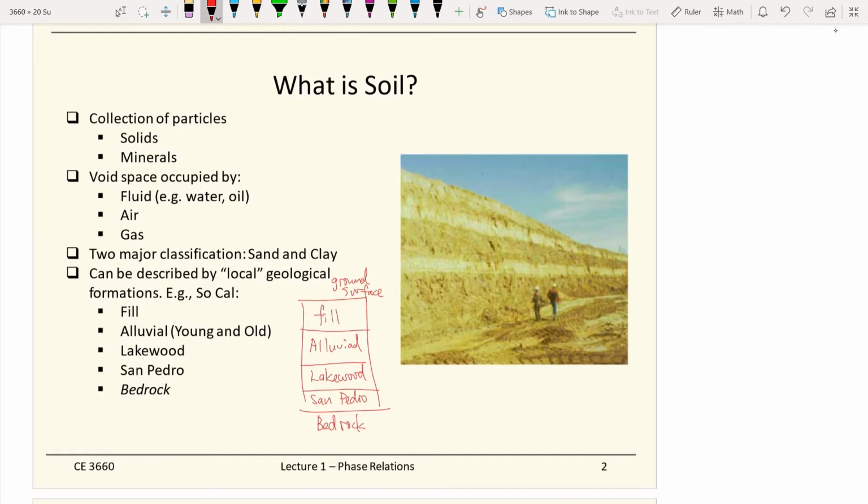And on top of that could be artificial fill.